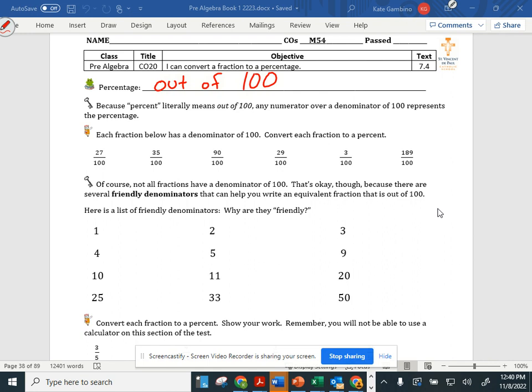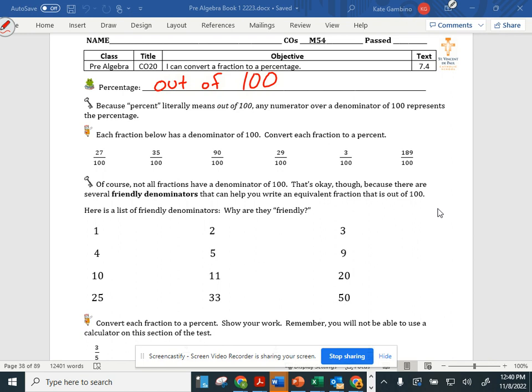Because percent literally means out of 100, any numerator over a denominator of 100 represents the percentage. Makes it super easy. Each fraction below has a denominator of 100. Convert each fraction to a percent. So if we have 27 over 100, that's 27 hundredths.